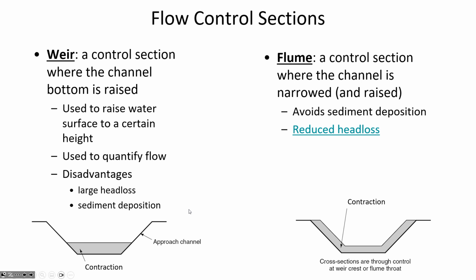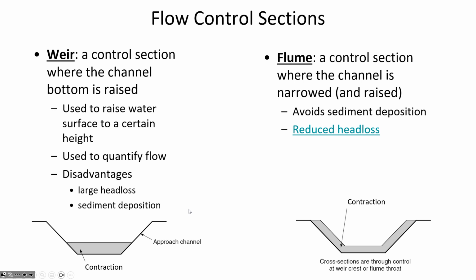By making the channel narrower, it's causing the same thing, a restriction that's forcing certain flow conditions where you're able to calculate the flow rate on the basis of the ratio of depths at two locations inside of the flume. There are these calibrated empirical equations that we'll take a look at in a minute.